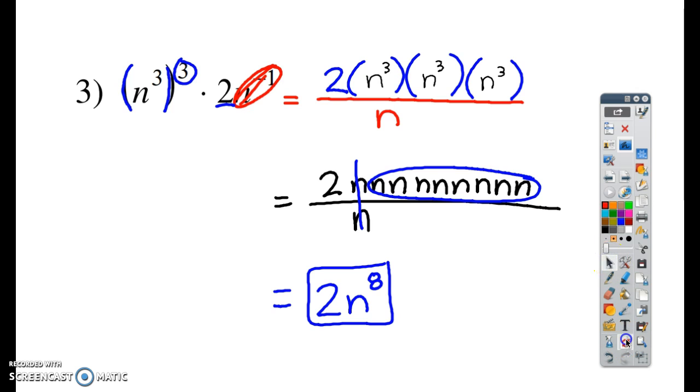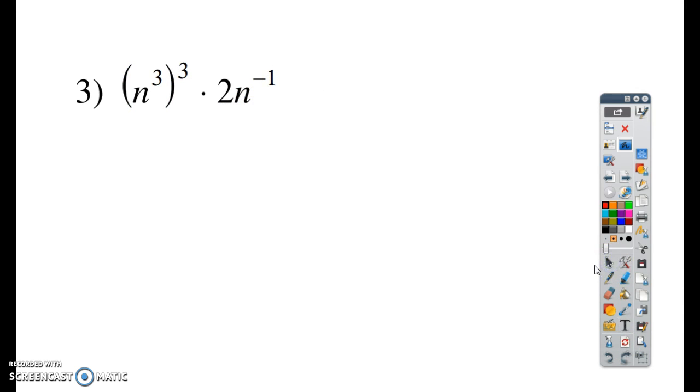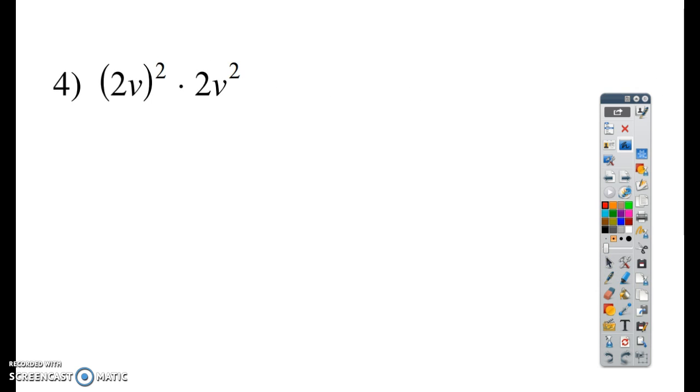All right, so now let's go ahead and do problem number 4, which is pretty easy. All you need to do is expand because there's nothing that's going to go to the bottom. None of these have negative exponents, so you're going to do 2 sets of parentheses for the 2v.